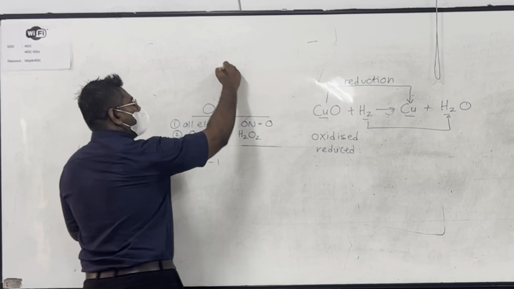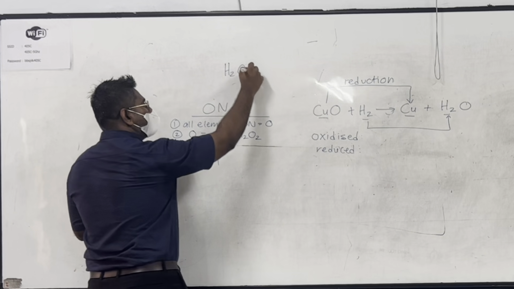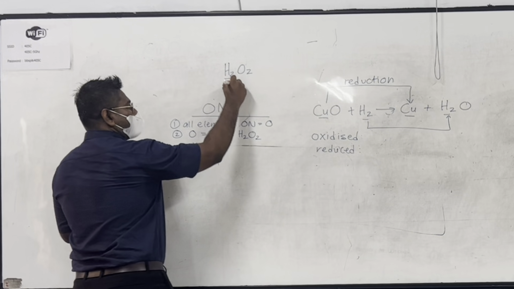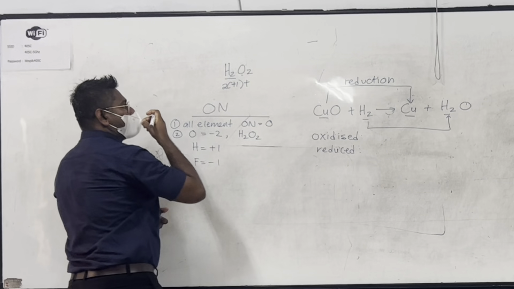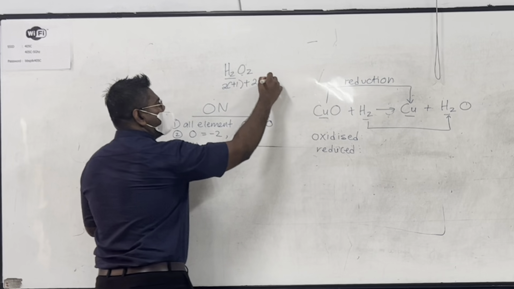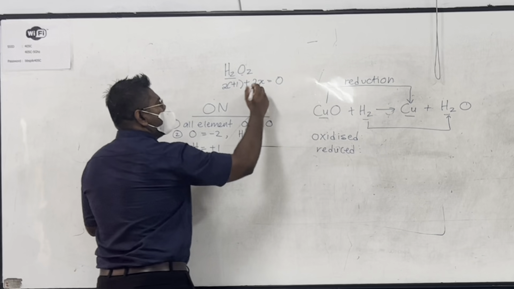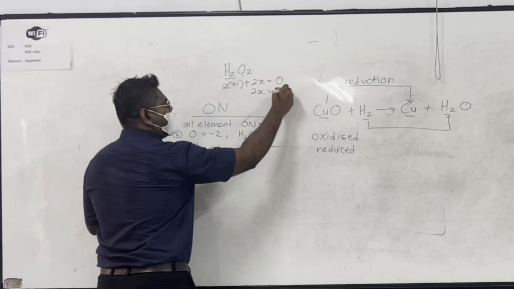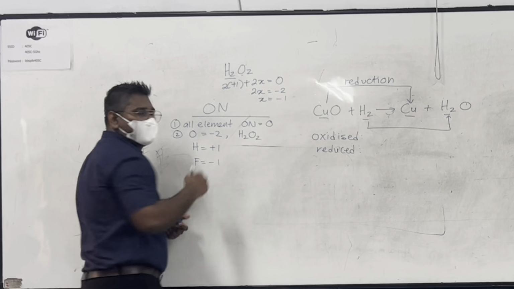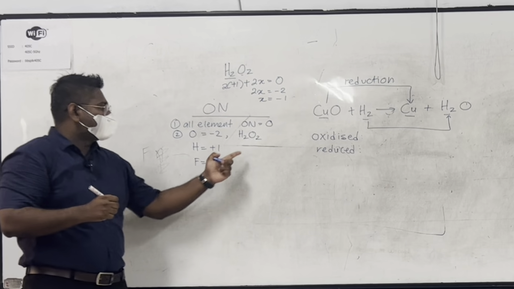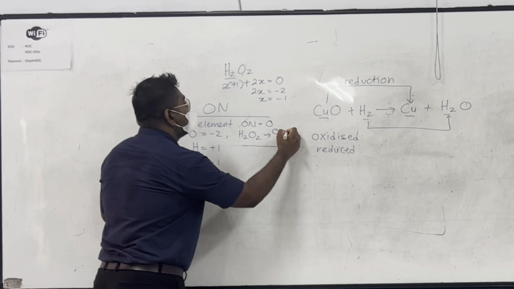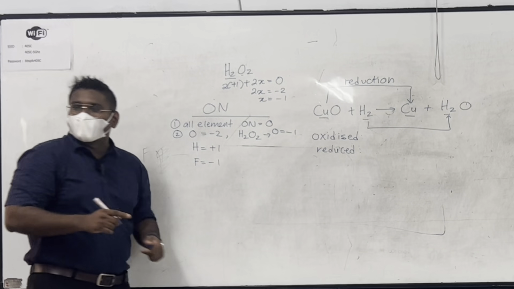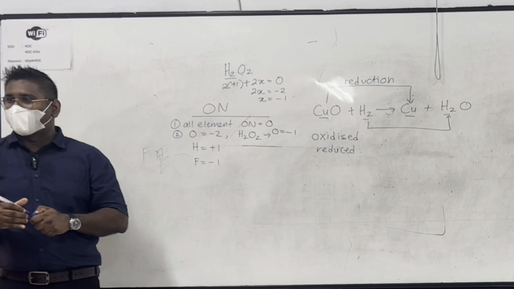So if you have H2O2, 2 times +1, plus, let's say this one you put as x, 2x, total is 0. So 2x is -2, x is -1. So you have oxidation number for oxygen of -1, not -2. This is one of the exceptions.